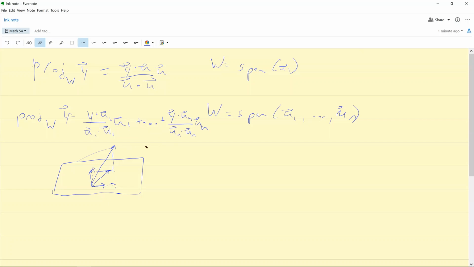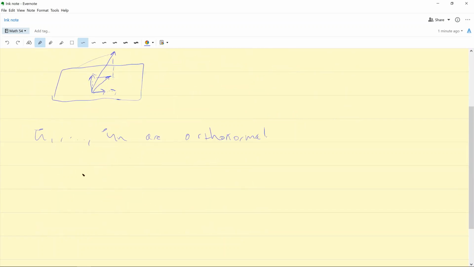Now, what if we impose a more strict condition? Not just that these vectors are orthogonal, but that these u1 through un are actually orthonormal. We actually get a really nice formula. All of these are now going to cancel out because the magnitude of each of these vectors is 1.